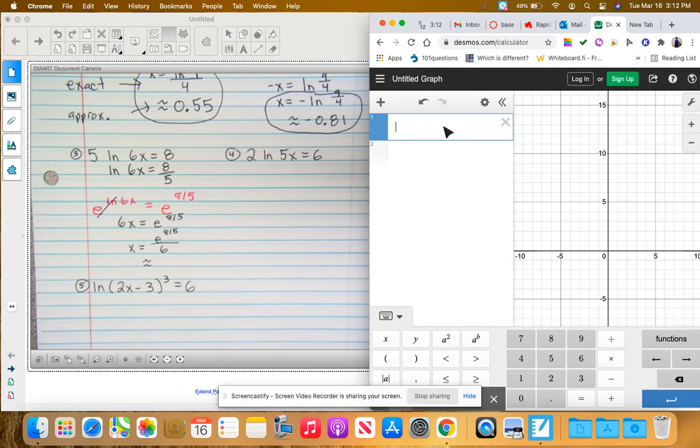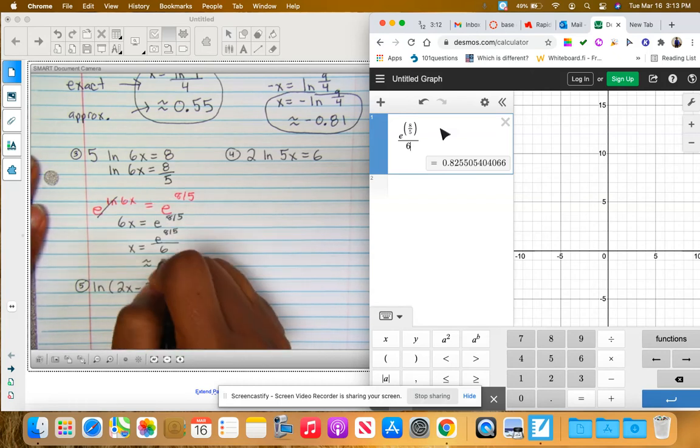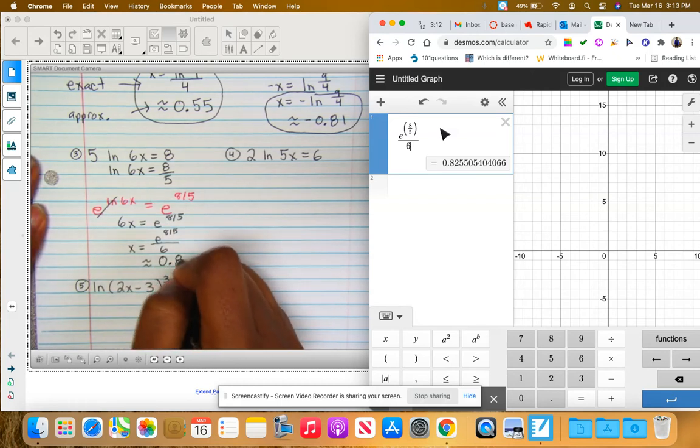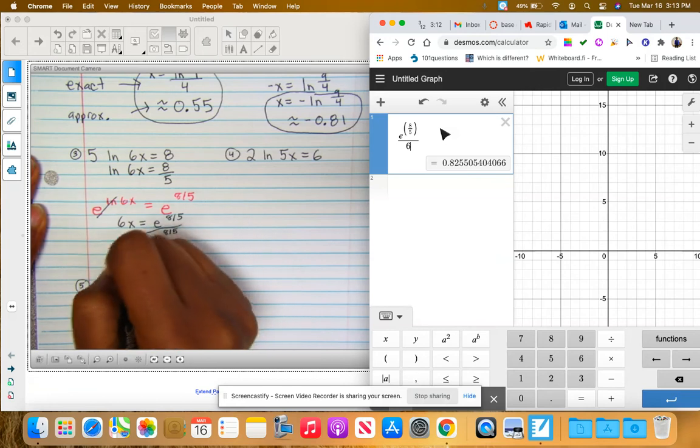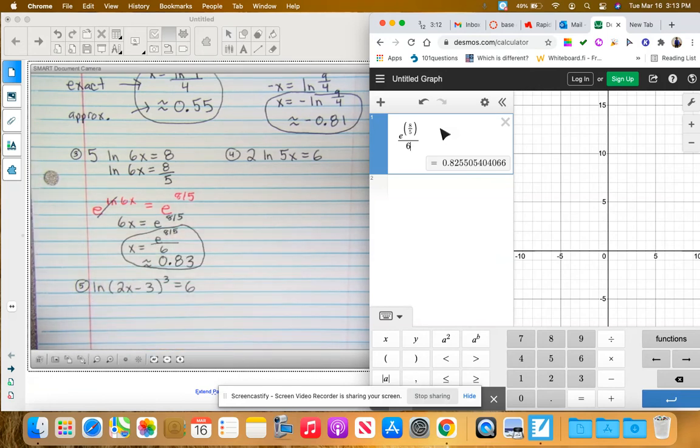We will type that in. Desmos does recognize e as the natural number, so you shouldn't have to do anything special to get there. So e to the 8/5, and that is all divided by 6. We round to the nearest hundredth, 0.83. We got our exact answer, and we got our approximation.